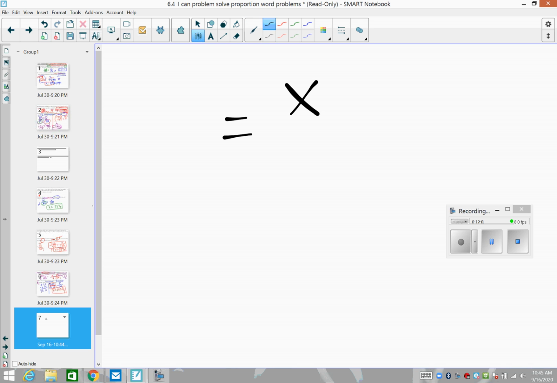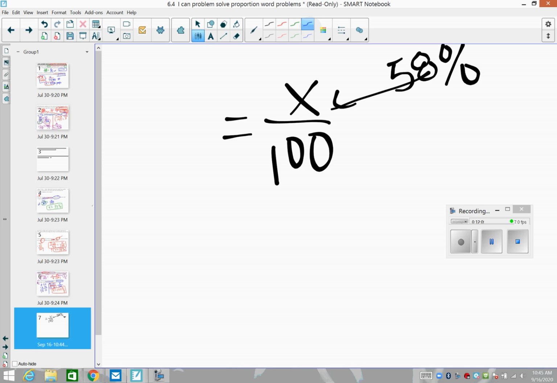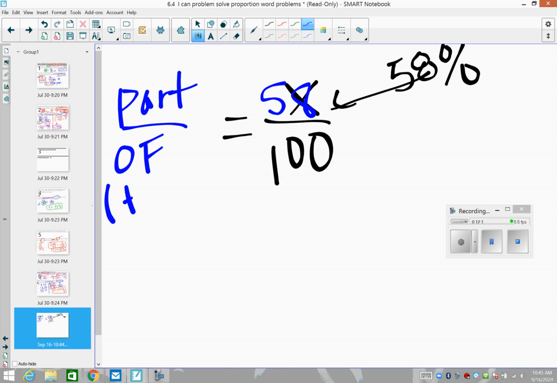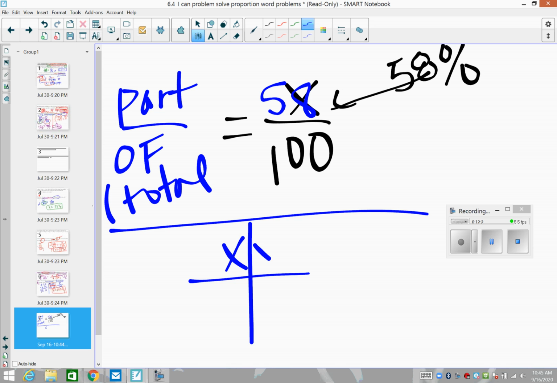If it's a percent, there's some sort of 100 involved in it. If the percent is given, then we just drop that in. But if the percent is unknown, we don't. We have our part here, and we have our "of" here, our total. So that's our percent stuff, and anything else is just a nice little t-table with information going in.